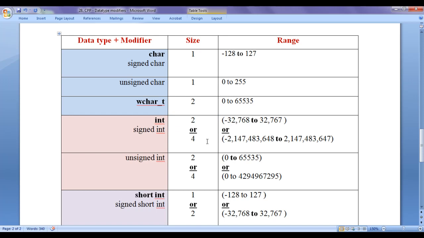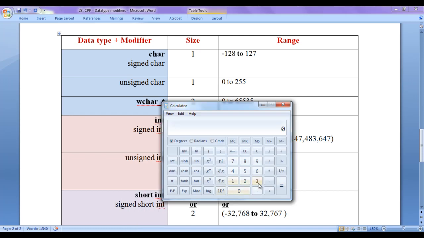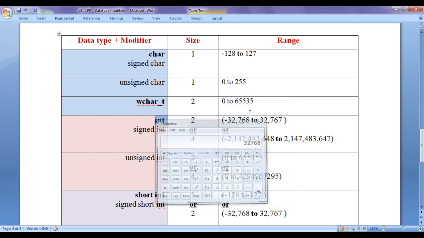If computer allocates 2 bytes of integer type memory, inside that memory we can store 65,536 values, guys. I told you that 2 bytes is equal to 16 bits and 2 raised to the power of 16 is 65,536. If I divide it by 2, it becomes 32,768.